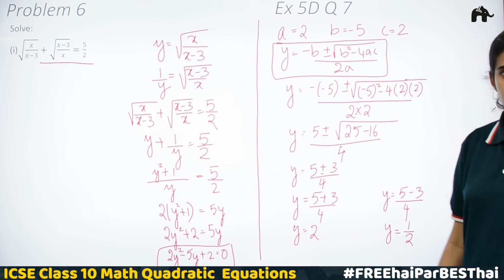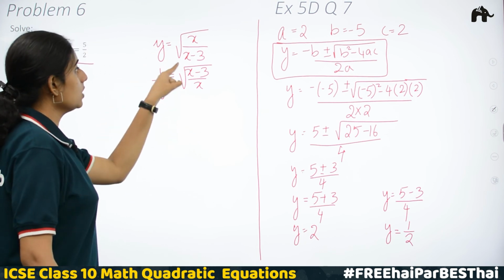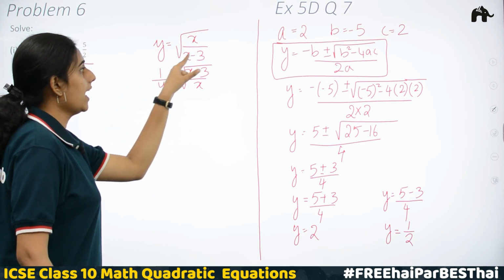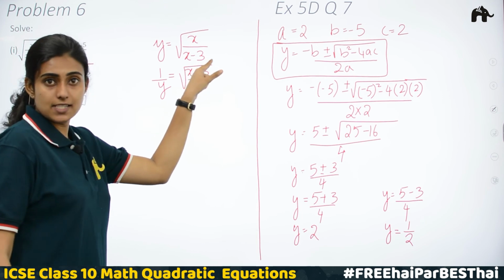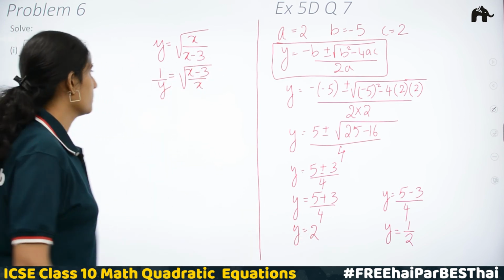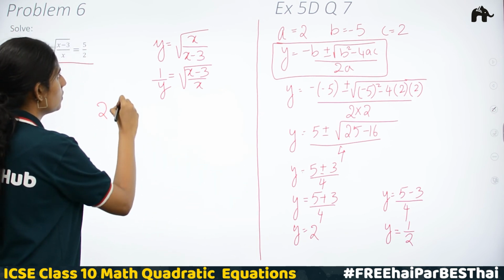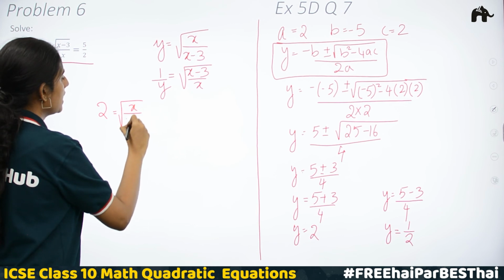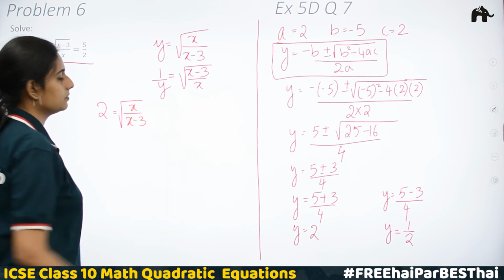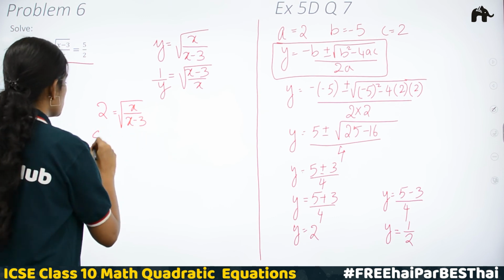Okay. Now we have the substitution. y is equal to root of x by x minus 3. Okay. When y is equal to 2, what do you get? 2 is equal to root of x by x minus 3. Okay. Squaring on both sides.